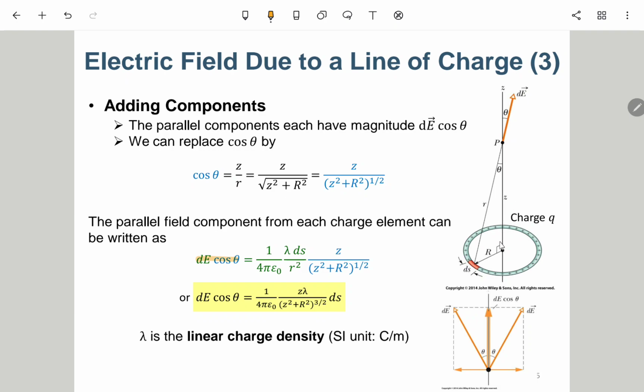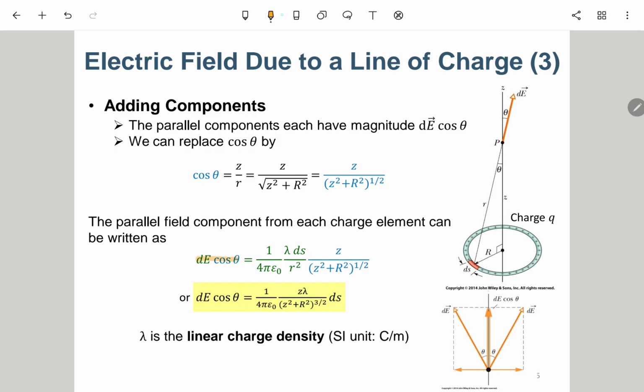And you can find the value of cosine of theta, which is z over small r. Okay, z over small r is cosine of theta. So in this case, we will consider z as a known variable, and we'll try to express this r using small z and capital R.